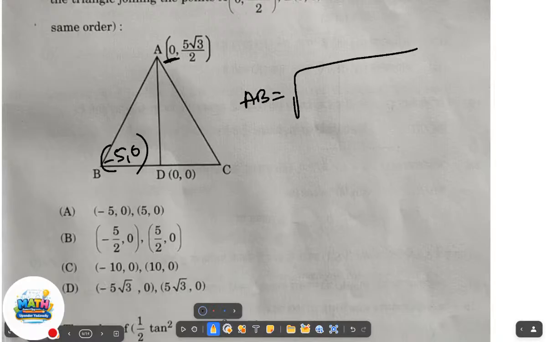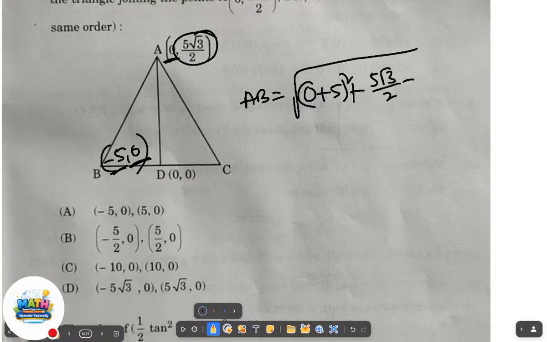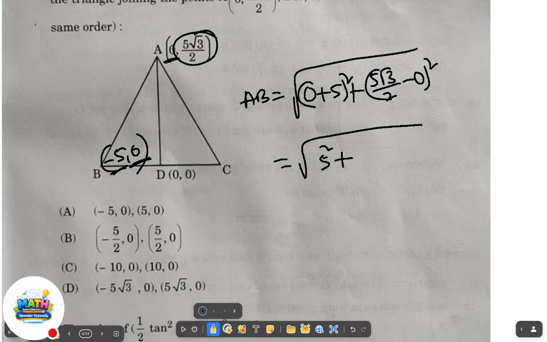Let us think this is x2, this is x1. 0 minus of minus 5 is plus 5, whole square. Next, y2 minus y1. Here y2 is this one, y1 is 0. So 5 root 3 by 2 minus 0, whole square.